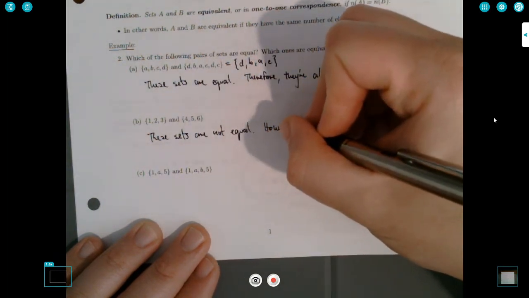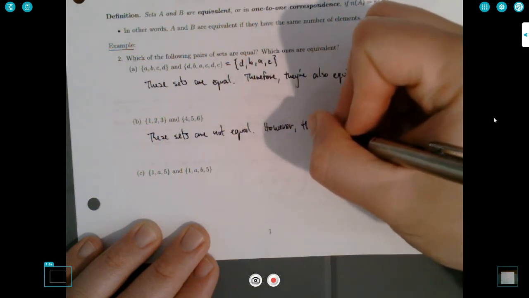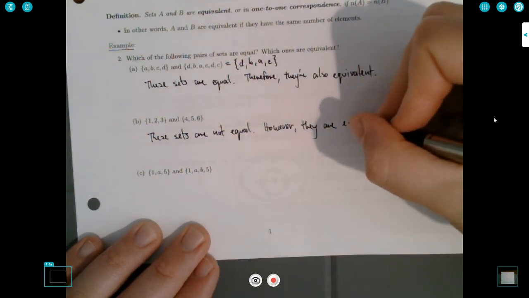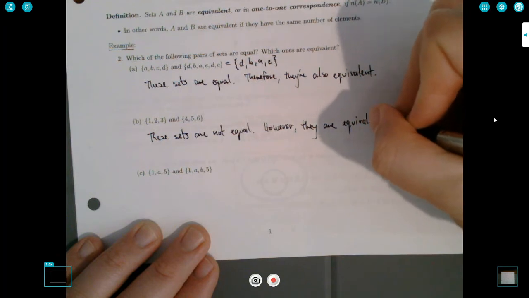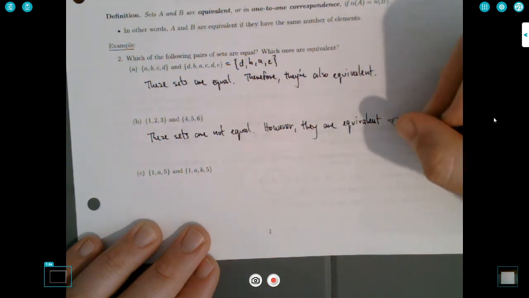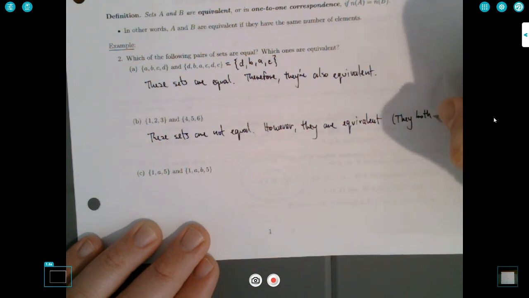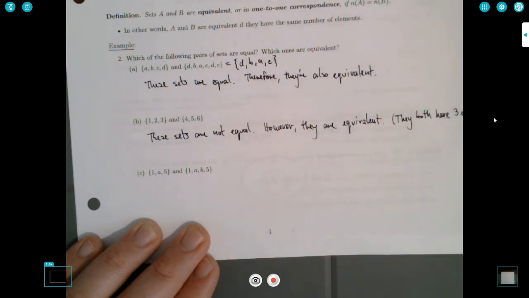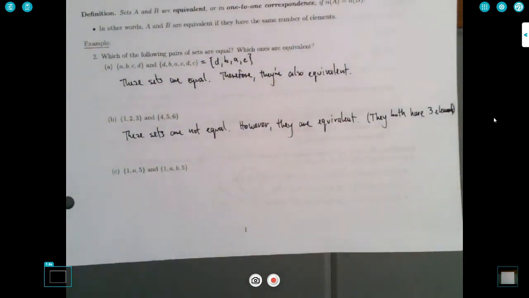However, they are equivalent, because they both have 3 elements. Ooh, went off the page a little bit, but they both have 3 elements. So they're equivalent, but they're not equal.